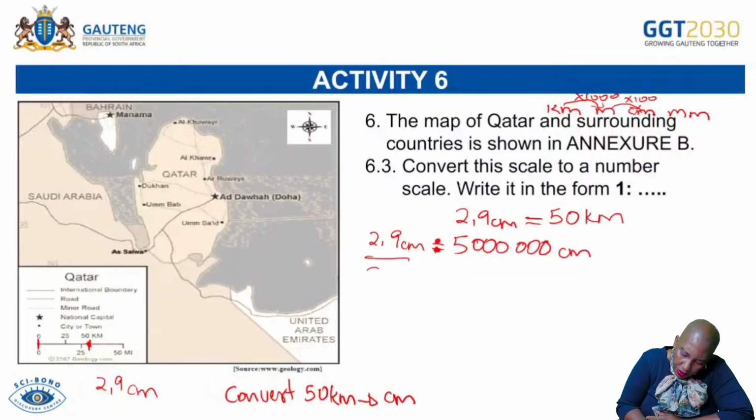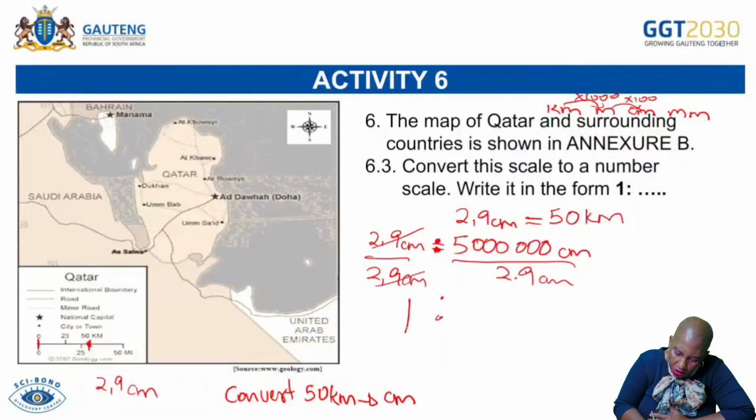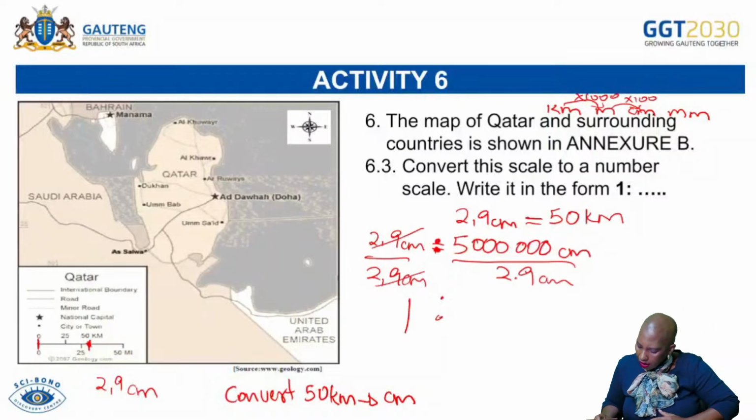Then I will divide by 2,9. And then now, because they say write it in the form of a ratio 1:something, then 2,9 centimeters and 2,9 cancel out. I get a 1, and then I divide this by 2,9.